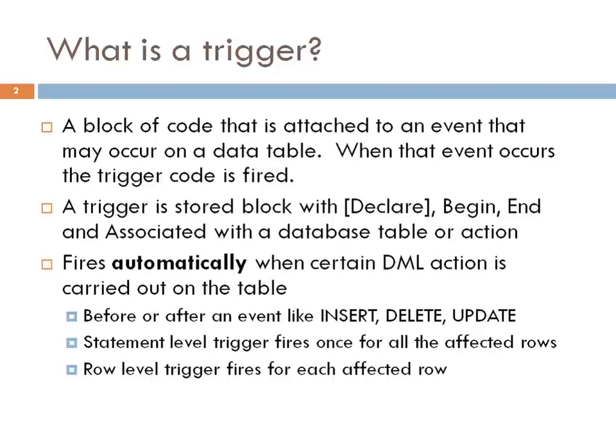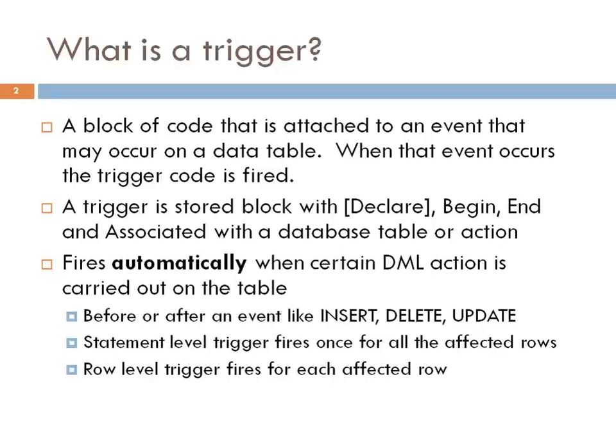A statement level trigger fires once for all the affected rows. A row level trigger fires for each affected row. You can understand the difference in this way: if a query is updating 15 rows in a table, then if it is a statement level trigger, all the 15 rows will be updated at once.